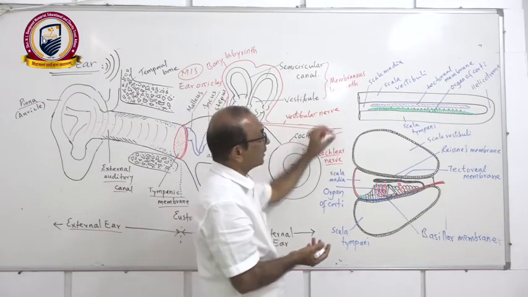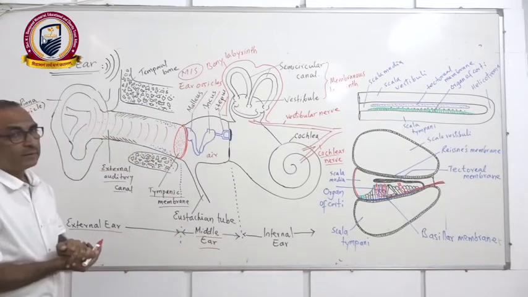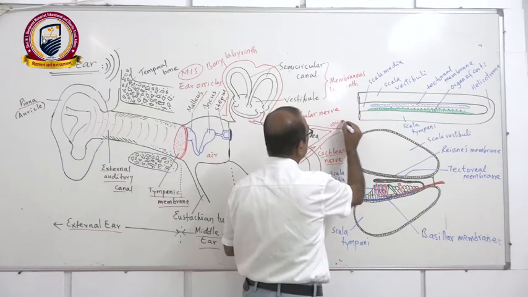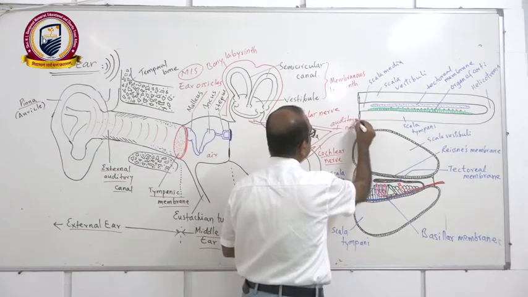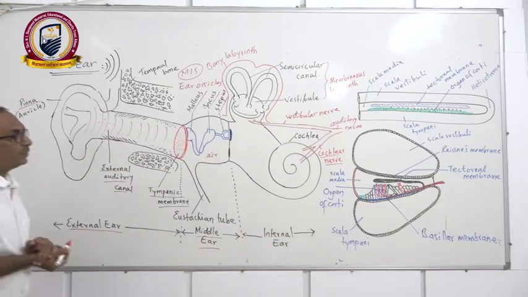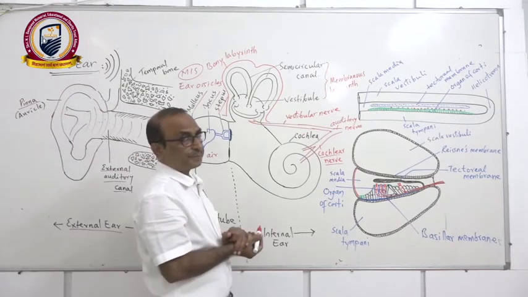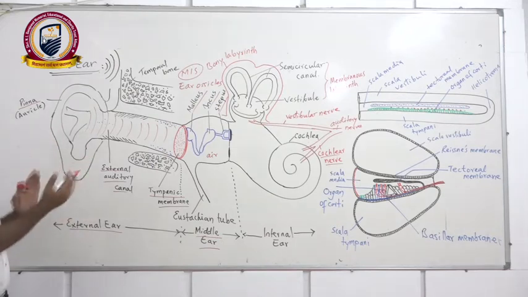These two together form the vestibulocochlear nerve, or auditory nerve, that carries the signals from the ear to the central nervous system. So this is about the structure of the internal ear.